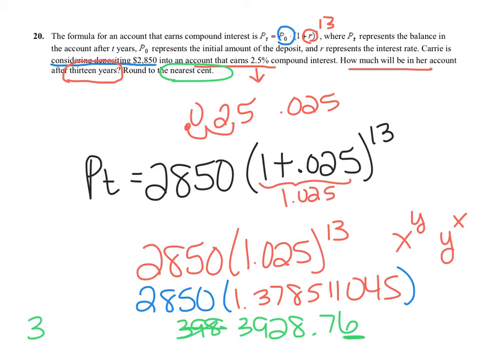Before I rounded, it was $3,928, and in the change spot we had 0.756. This 6 makes that 5 round up, so that's why it's 76 cents over there. And then this says dollars, so after 13 years, we would have $3,928.76 in the account.